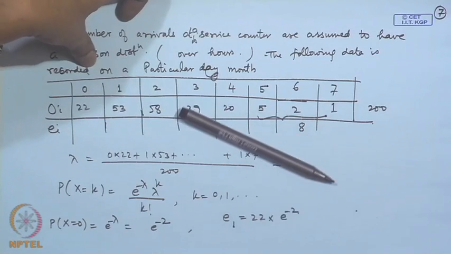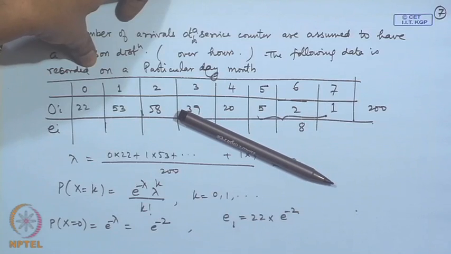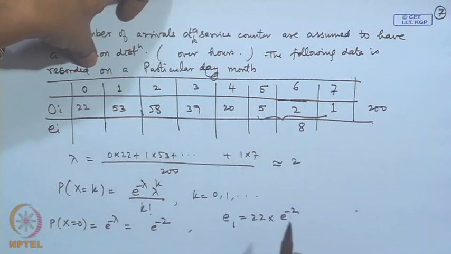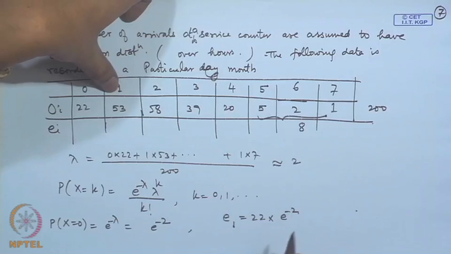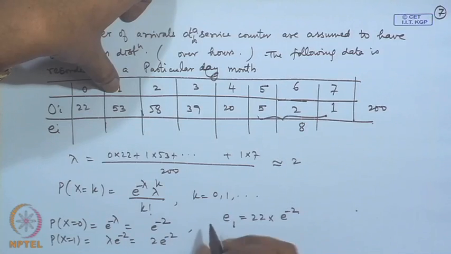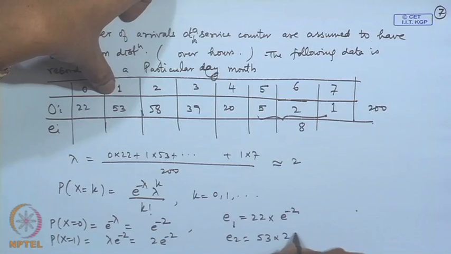So, this can be calculated. Then we have probability x equal to 1, for example, that is equal to lambda e to the power minus lambda, that is 2 e to the power minus 2. So, E 2 then will become 200 into 2 e to the power minus 2, that is 400 e to the power minus 2.